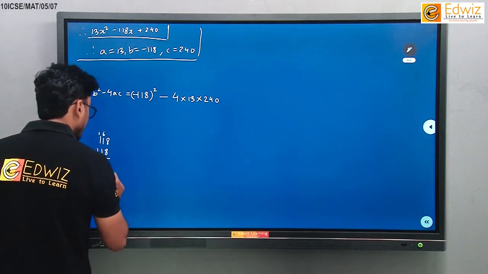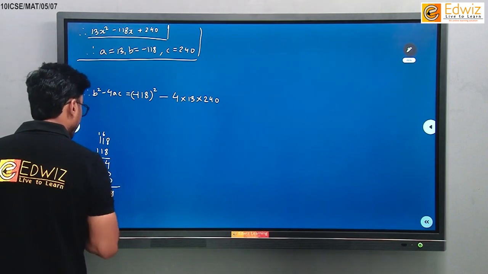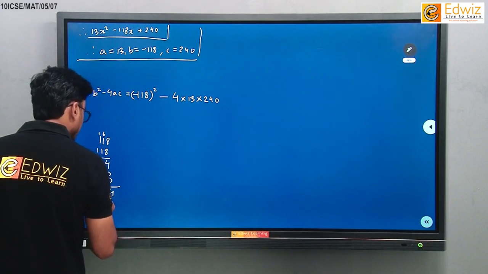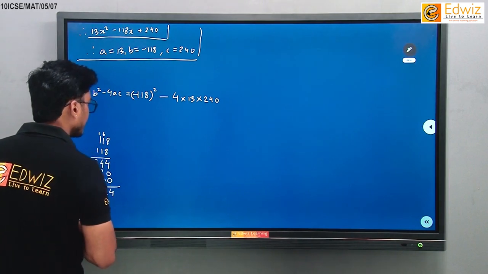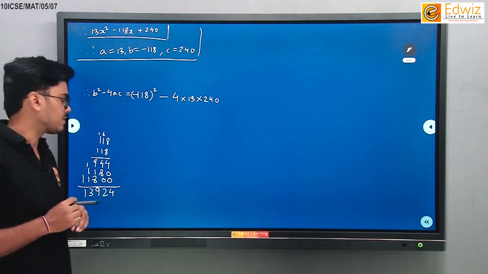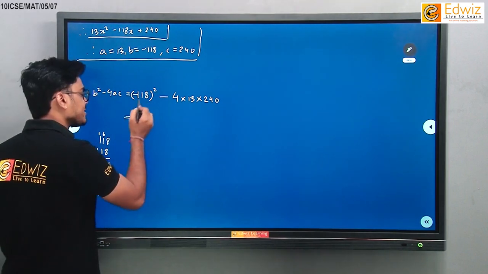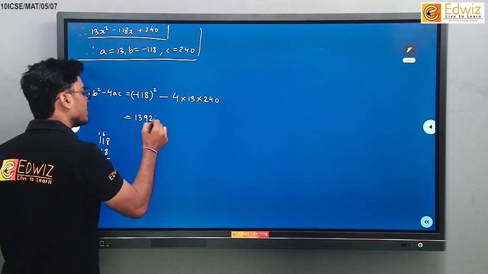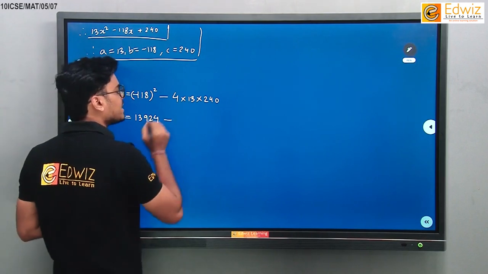So the answer for this is 4, 12, 1 carry, 10 plus 1, 11 plus 8, 19, then 3 and 1. 13,924 is the square of 118. It will be positive because the square of a negative number is also positive. 13,924.